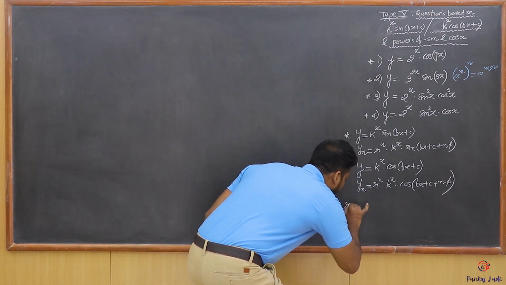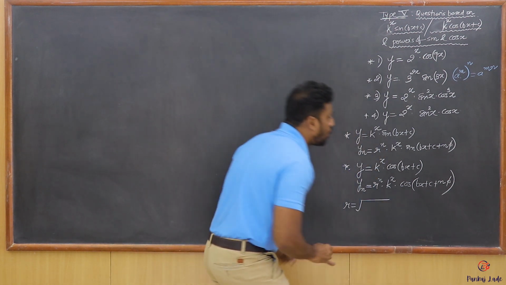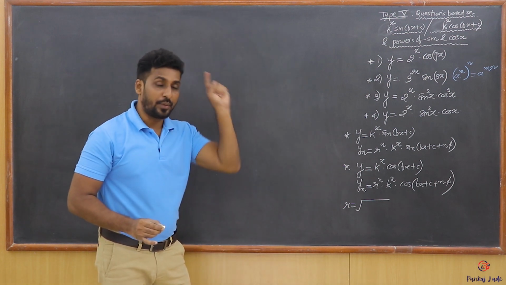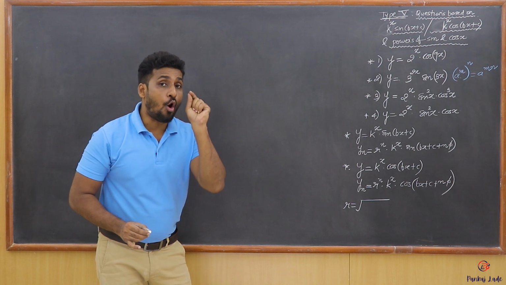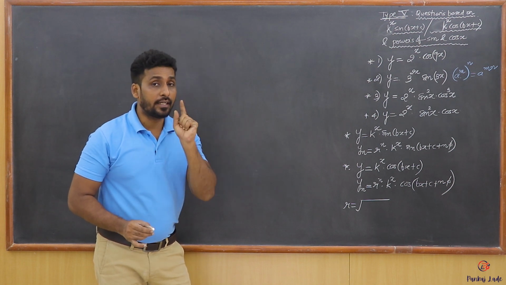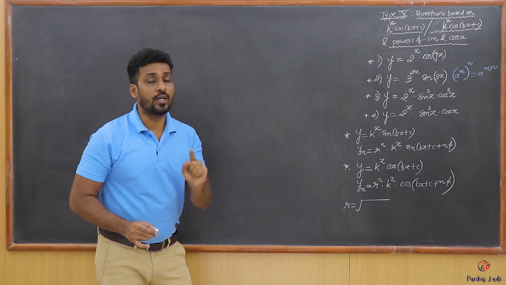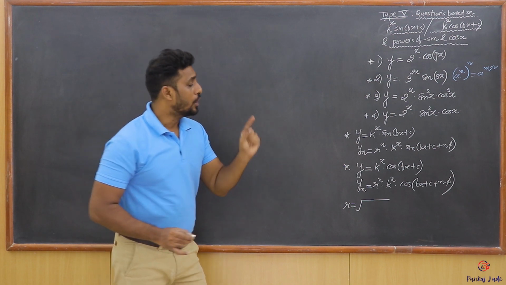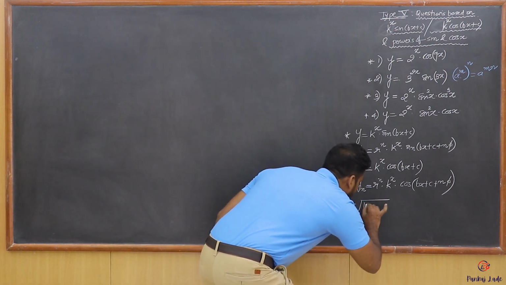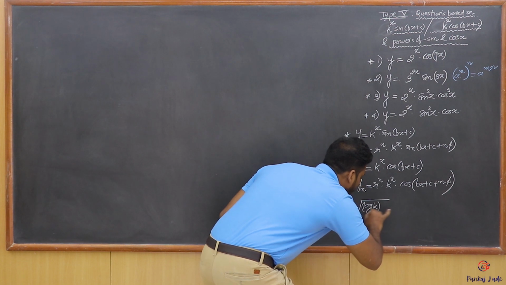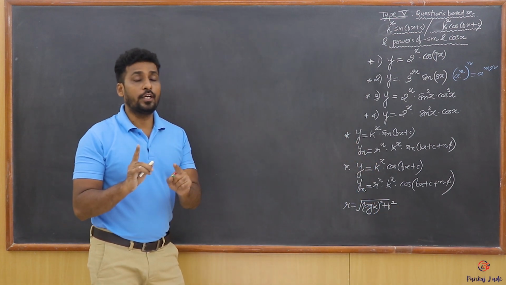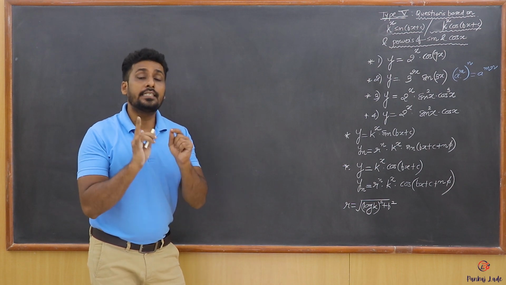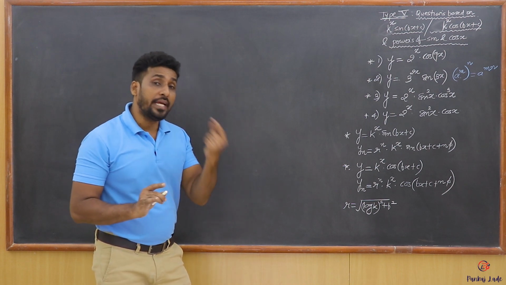So you must be recalling r was actually under root of a square plus b square in the previous formula. Here the value of a is taken by log k. We have seen the derivations for both the formulas. Students, you got to remember your formulas. So here I'm going to get (log k) whole square plus b square, that's the value of r, and you must be recalling that theta or phi is given by tan inverse of b upon a.